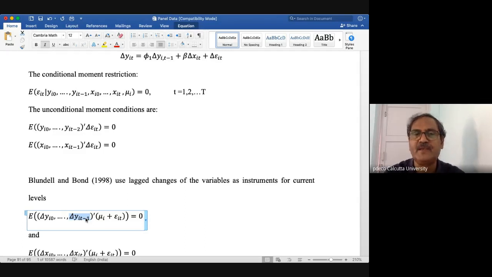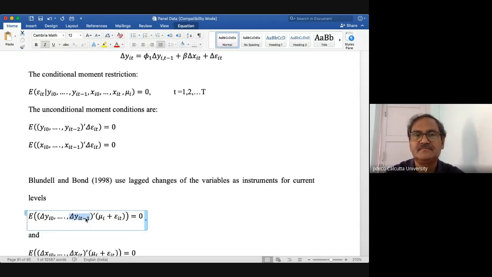Now to resolve the endogeneity problem, Anderson and Hsiao suggested only one moment condition by taking only one instrument. In terms of the AR1, we have taken only one instrument, yi,t-2. Later on, Arellano and Bond considered all possible moments in terms of the variable itself, and by generalizing it, you have GMM estimation.